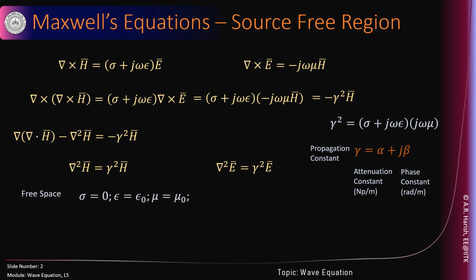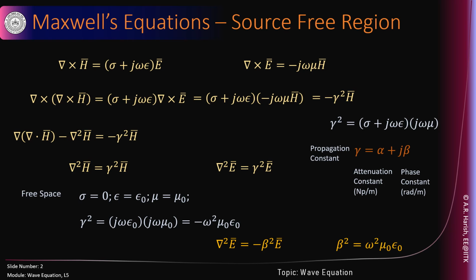Now, if it is free space, that is sigma is 0, epsilon is epsilon naught, mu is equal to mu naught. In that case, gamma square will become equal to minus omega square mu naught epsilon naught. And we can write that equation, wave equation, as del square E equal to minus beta square E, where beta square is omega square mu naught epsilon naught.